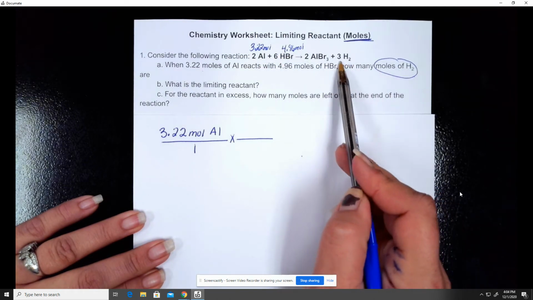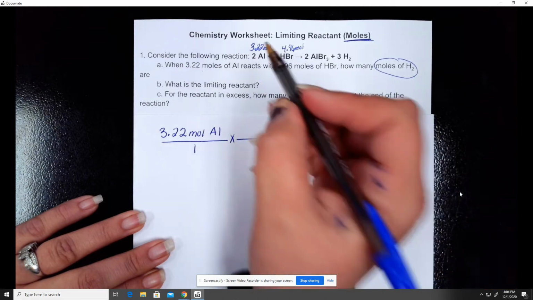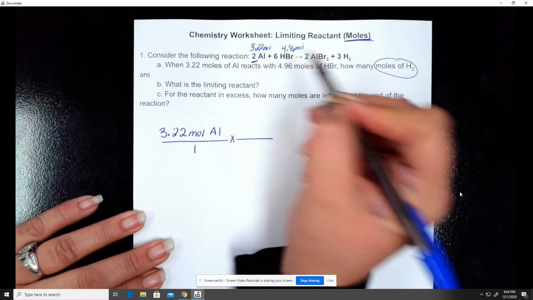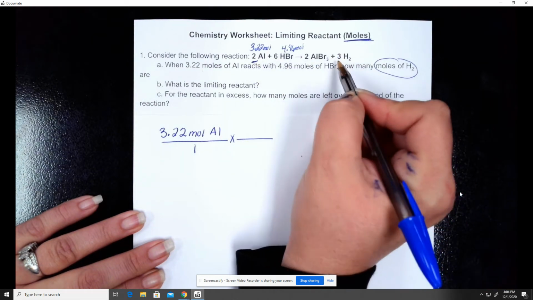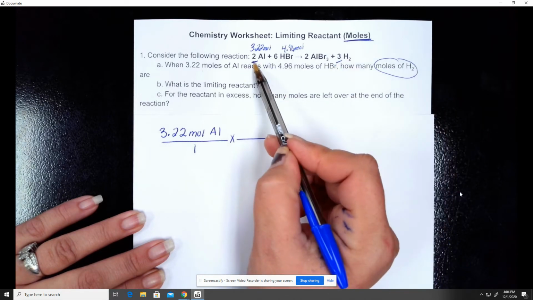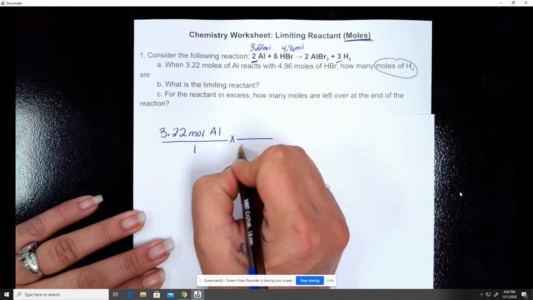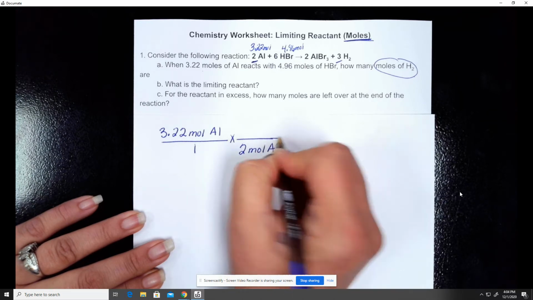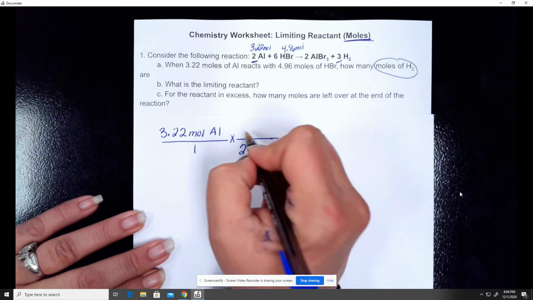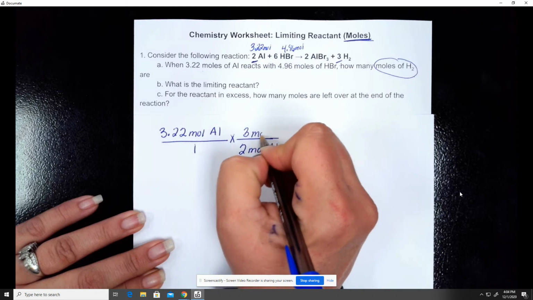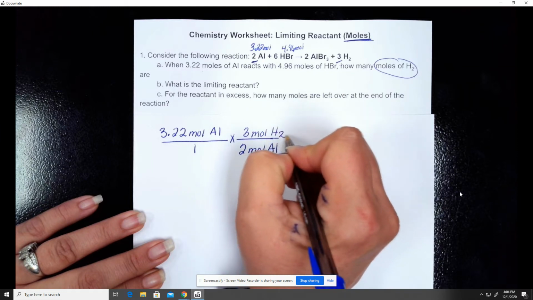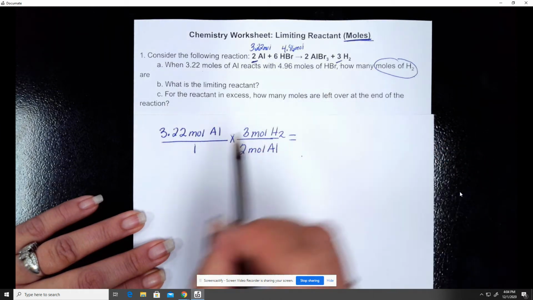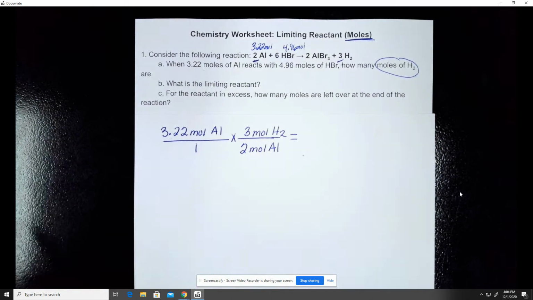I want to know how much hydrogen I can produce. So remember, we're going to look at those coefficients that we see in front. So I'm going to start with 2 moles of aluminum on the bottom. I'm looking for hydrogen, so my coefficient is 3 moles of hydrogen on top.